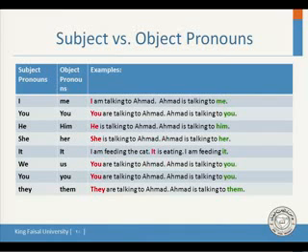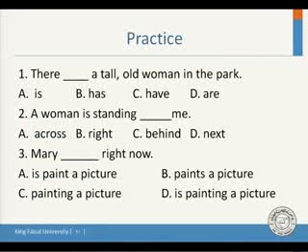I, subject pronoun. Ahmad is talking to me. Me, object pronoun. Number 2, you are talking to Ahmad. You, subject. But Ahmad is talking to you. You, object. And you can see all these examples, study them carefully, and notice the differences between them.